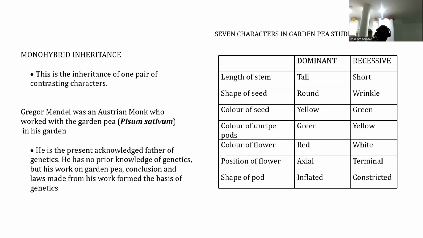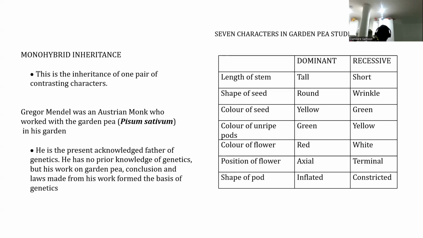Now, let's look at the 7 characteristics of the garden pea which Gregor Mendel studied. We have length of stem, which means some stems are tall, some are short. We have shape of seed: some seeds are round, some are wrinkled. We have color of seed: some are yellow, some are green.